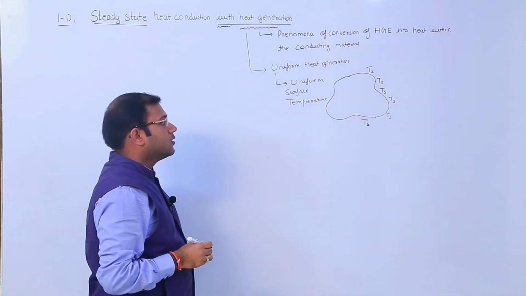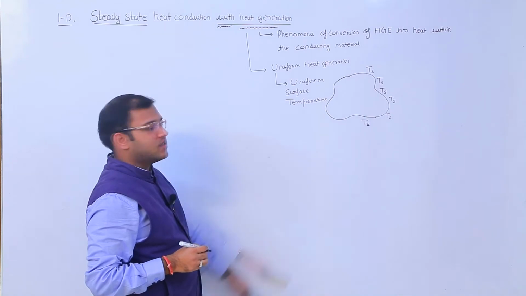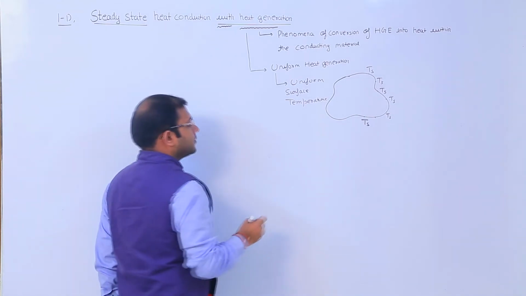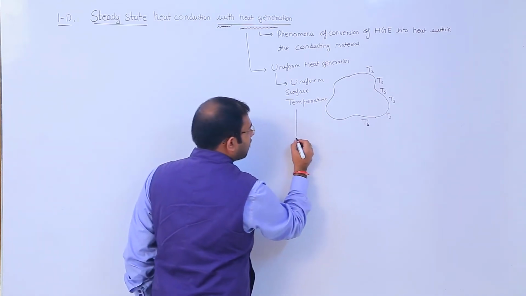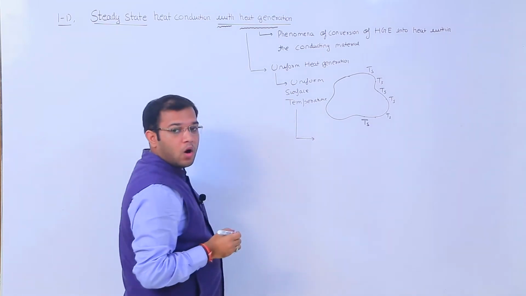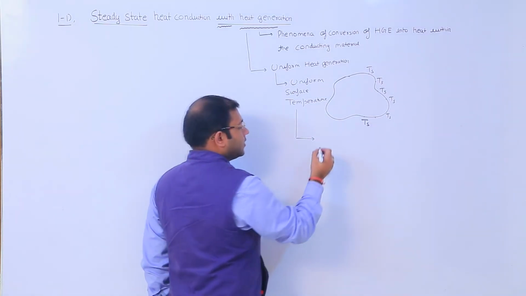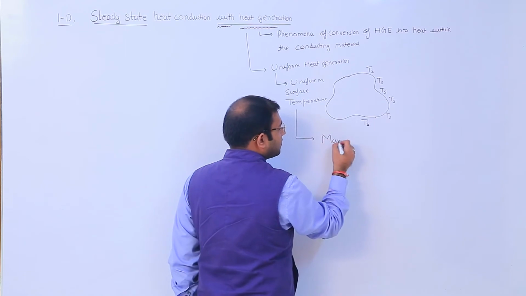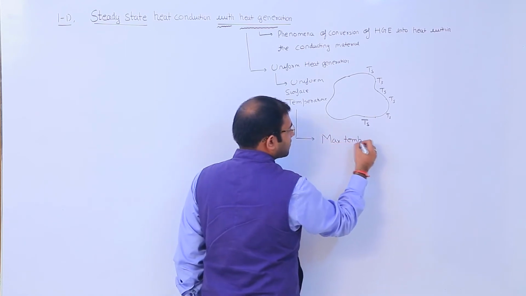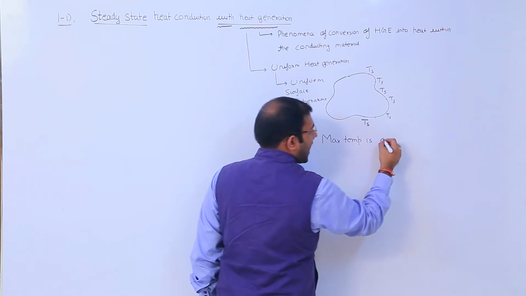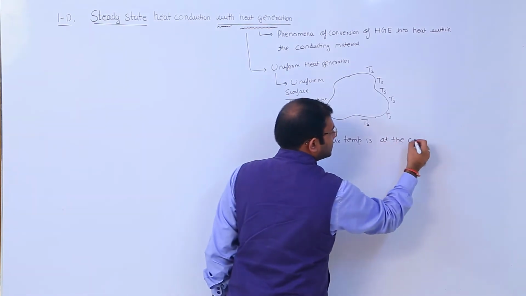Fine. Now see, when there is uniform surface temperature, what we can assume is that the maximum temperature is at the center.